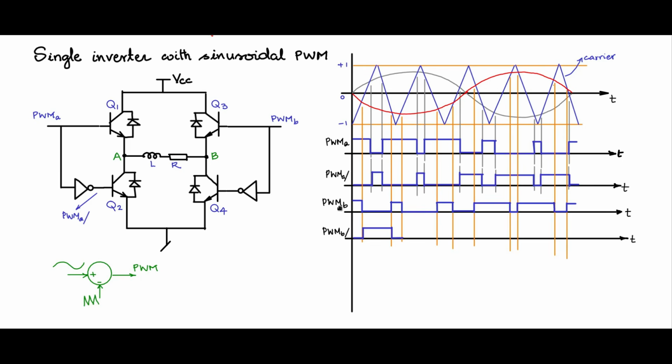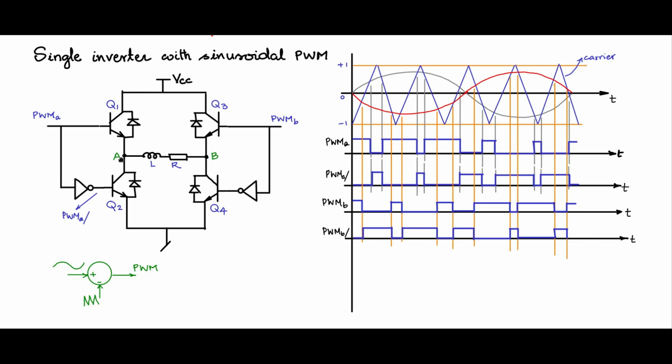So, let us invert PWM-B to obtain PWM-B bar. So, this is simple. So, now you have PWM-B and PWM-B bar. So, all the switches Q1, Q2, Q3, Q4 have the pulses in this fashion.